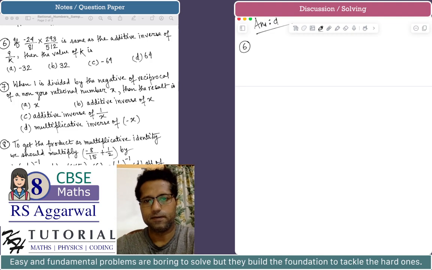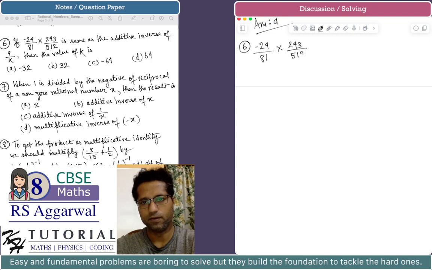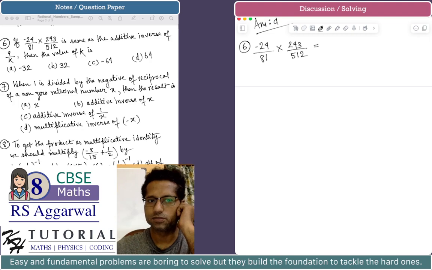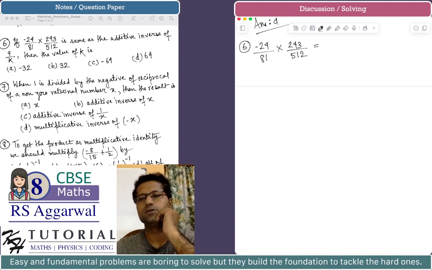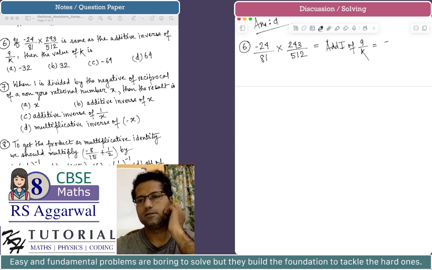So minus 24 by 81 multiplied by 243 divided by 512 is the same as the additive inverse of 9 by k, which is nothing but minus 9 by k.